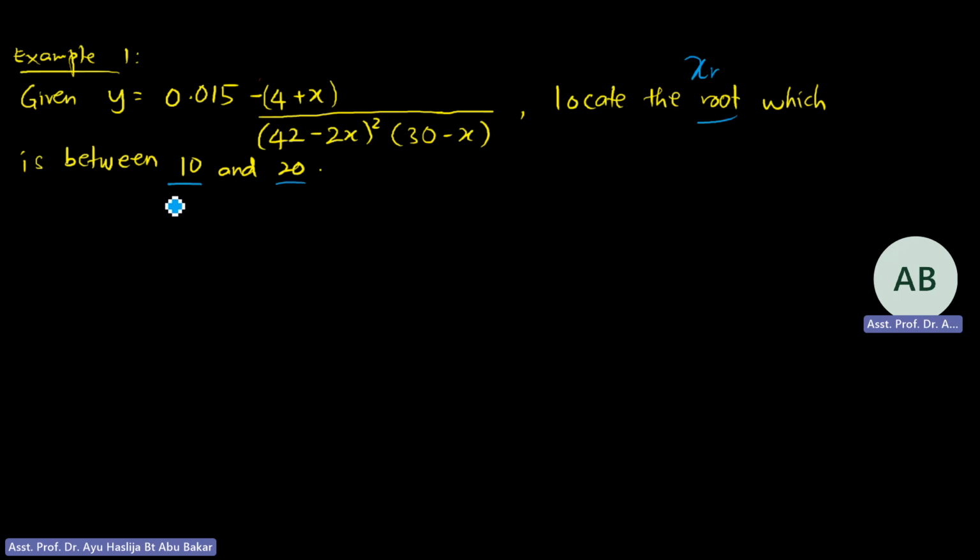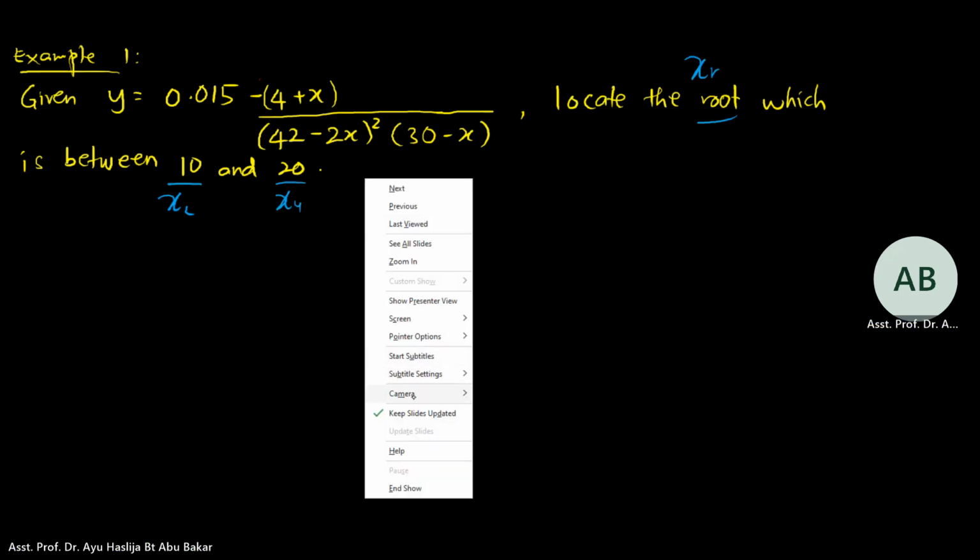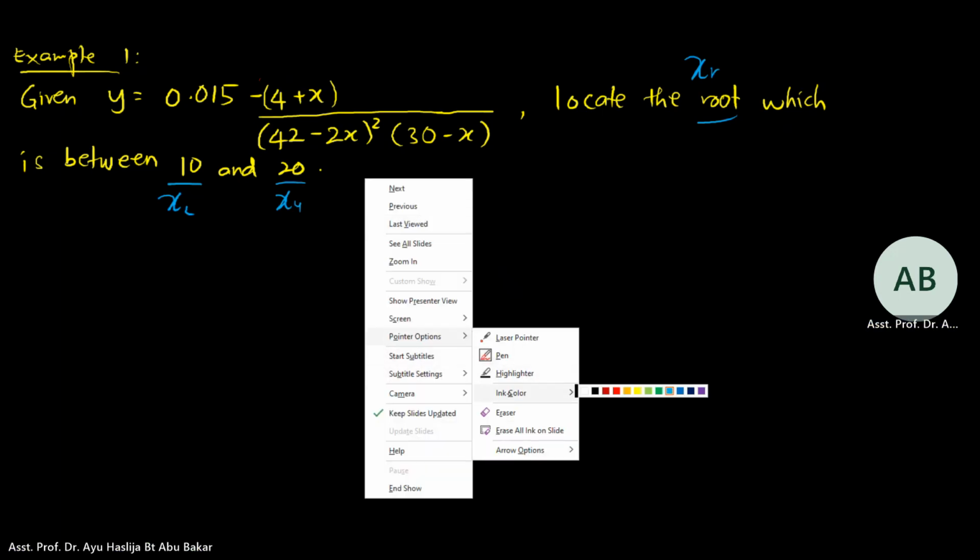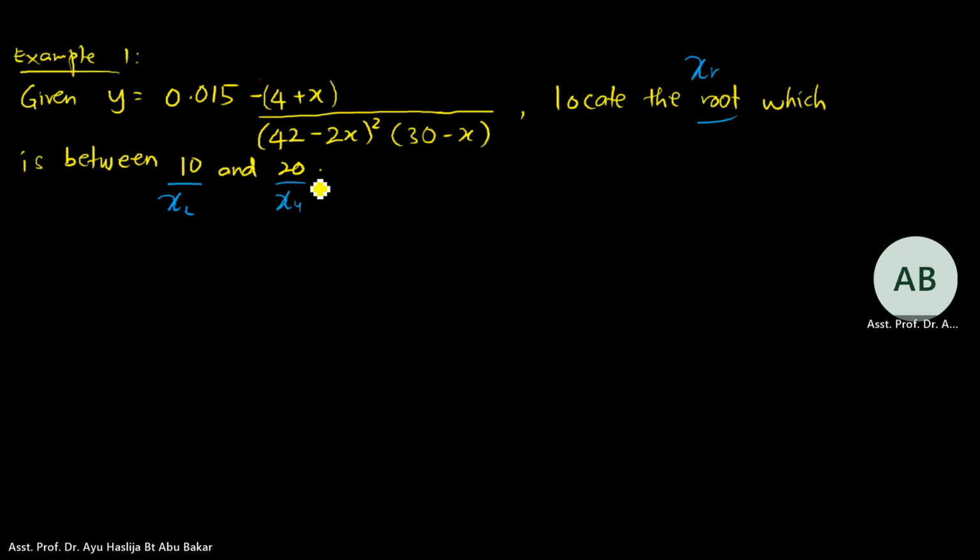So 10 over here is XL, the lower value, and 20 is XU. By right, the question should mention using the graphical method.